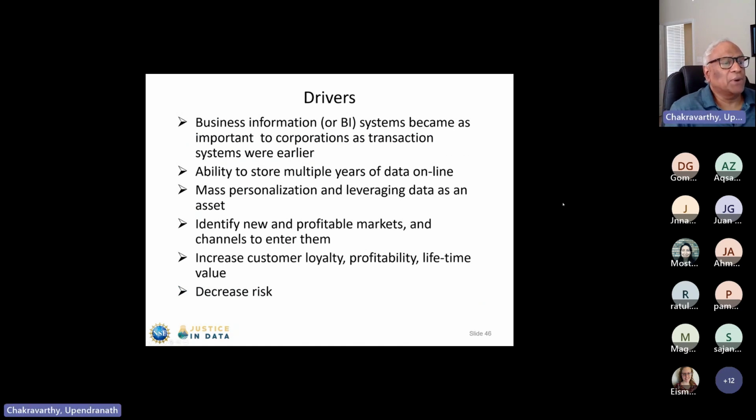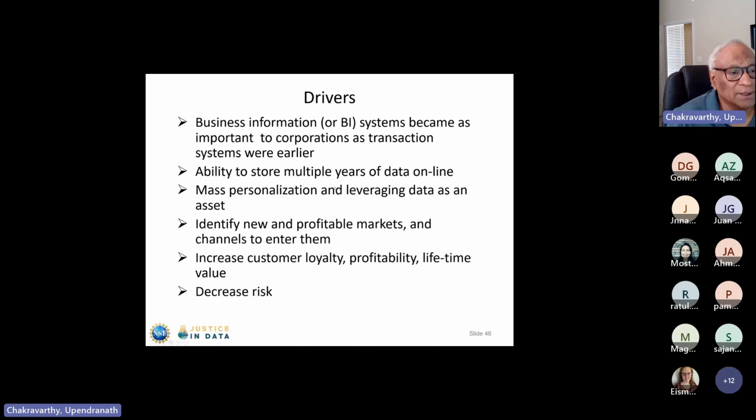So what are the drivers or enablers for going forward? Business information systems became as important to corporations as transaction systems. They could not do business analysis using traditional DBMSs, or it was difficult to do. They could not store multiple years of data online because of the storage limitations and the performance limitations.